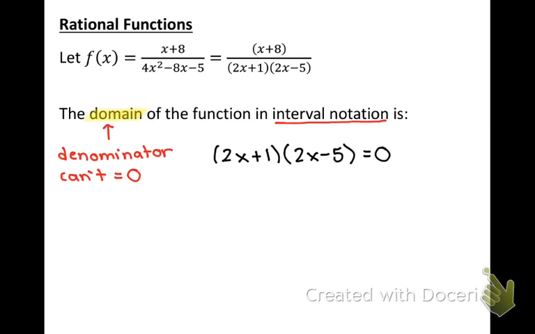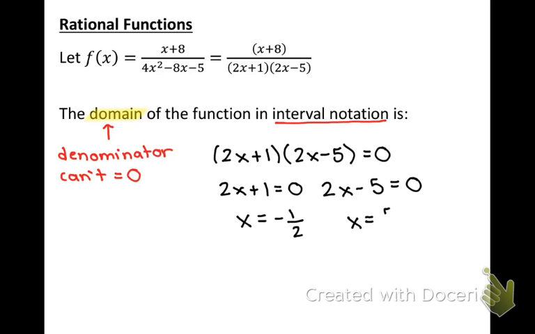Now each set of parentheses, each factor, we're going to set equal to 0. And we're going to solve these two little mini equations. So we are going to get that x equals negative 1/2, and we are going to get that x equals 5/2. Keep in mind that these are my restricted values.